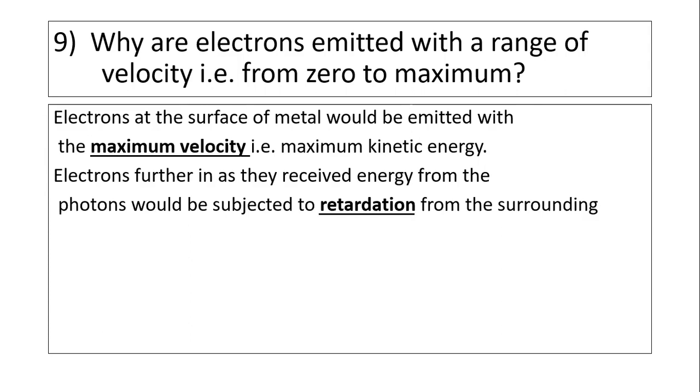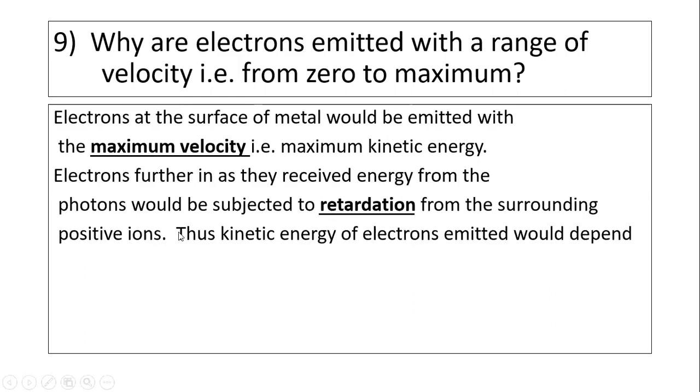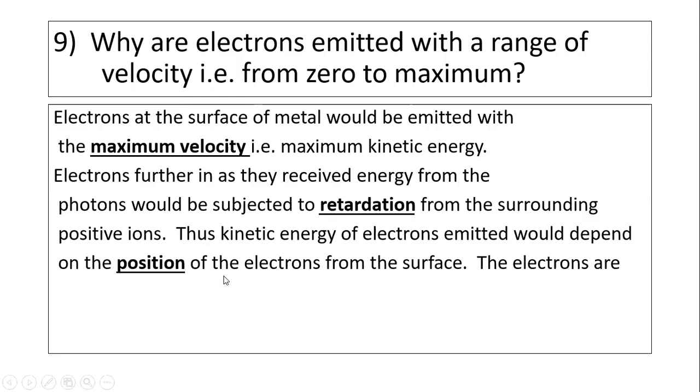They are still emitted with maximum kinetic energy, but remember, as they try to escape from the metal surface, there are positive ions that are retarding them, slowing them down. Thus, the kinetic energy of the electron emitted would depend on the position of the electron. If the electron is deeper down, it will escape with smaller kinetic energy. If it's at the surface, it would escape with maximum kinetic energy. The electrons are emitted with a range of velocity.